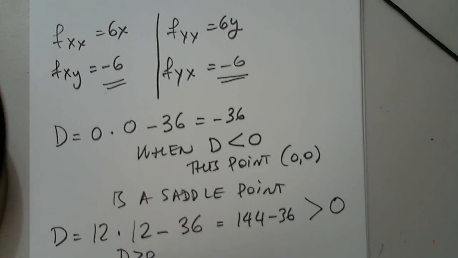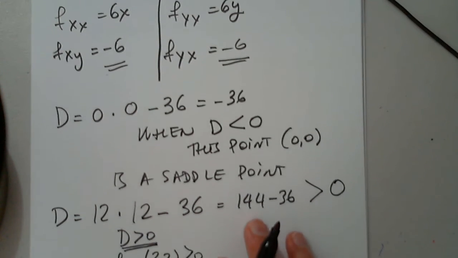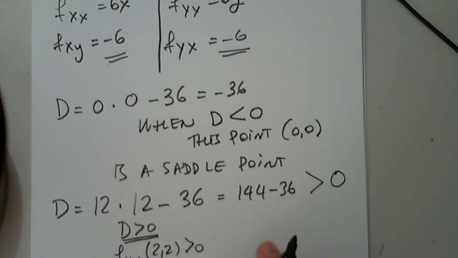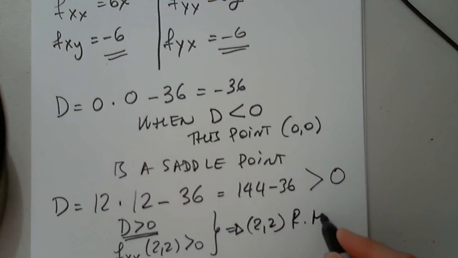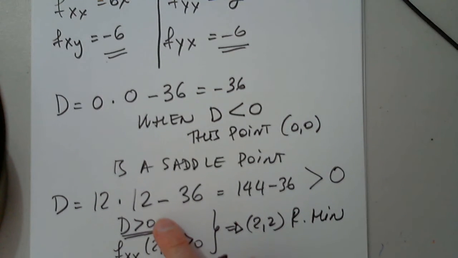If D is positive and fxx at the same time is positive, the conclusion is that (2, 2) is a relative min. If D is positive and fxx at that point is less than 0, this is a relative maximum. And if D is 0, the test is not applicable.